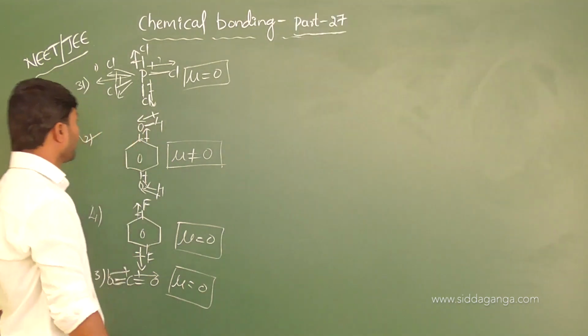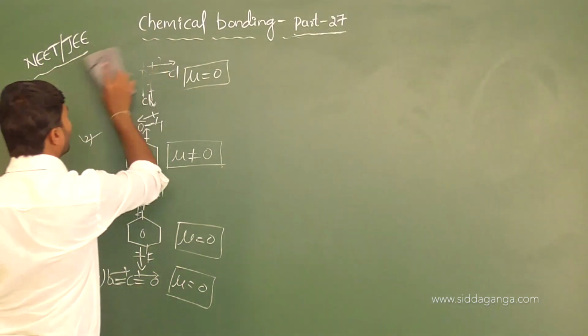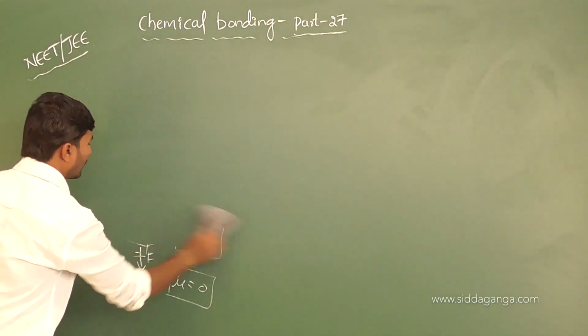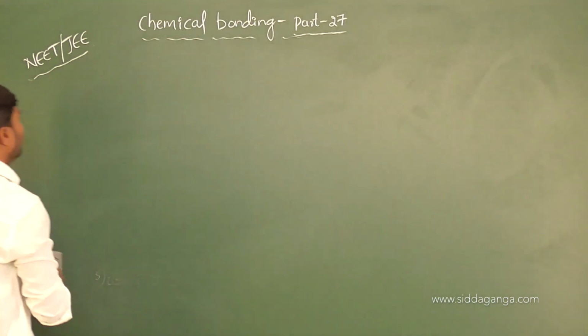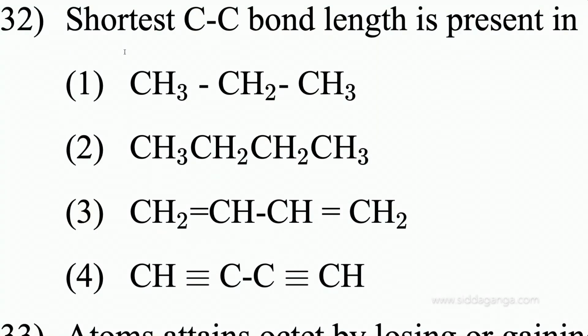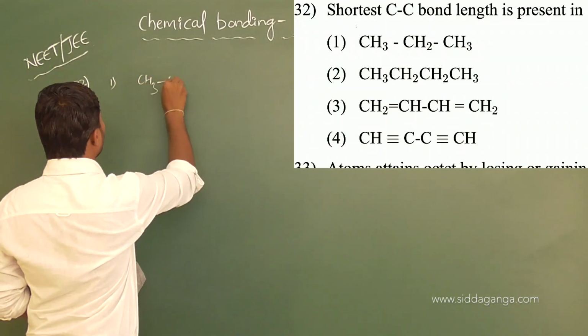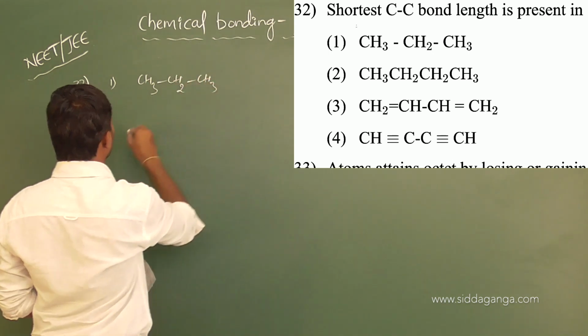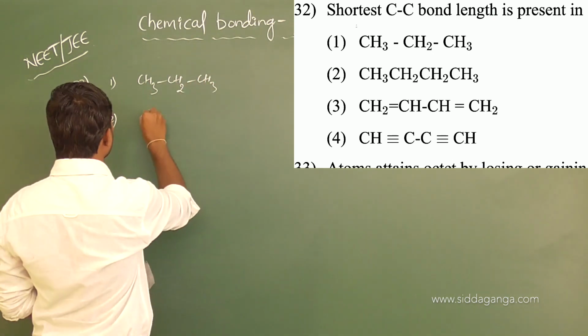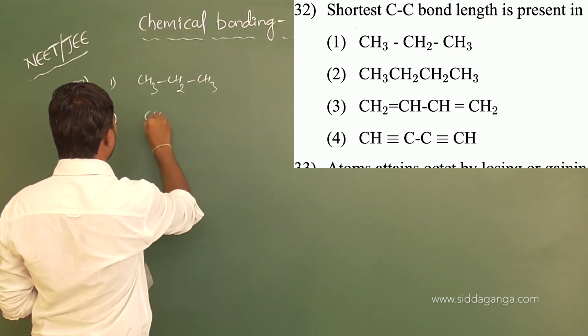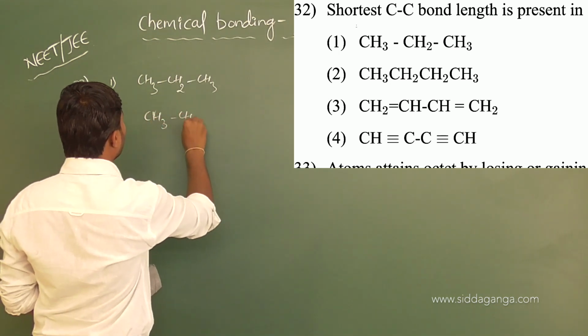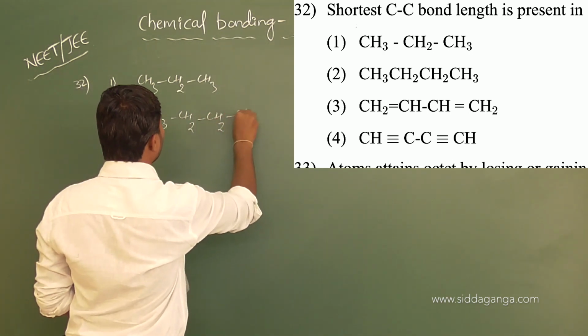Okay, next. What will be the correct option? Option 2. So the next question is, shortest carbon carbon bond length is present in. Here they have given some examples: the first is CH3, CH2, CH2, and the second is CH3, CH2, CH2, CH3.